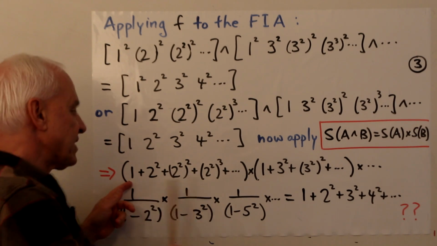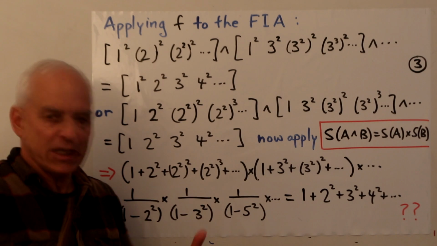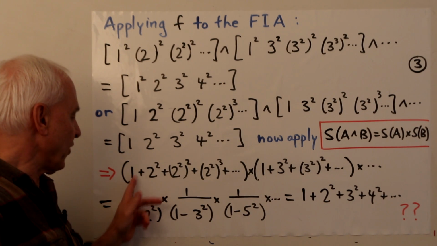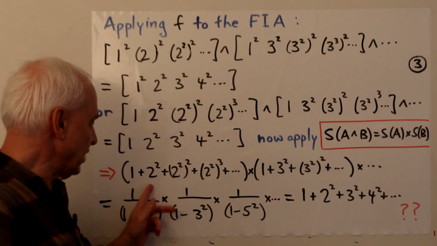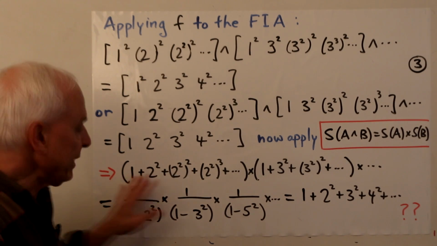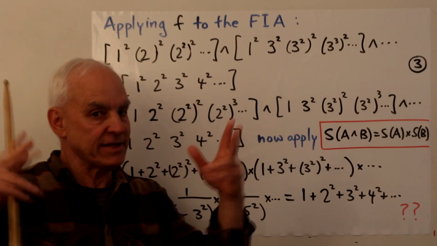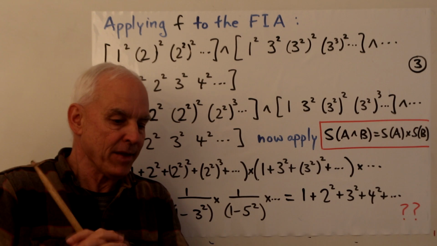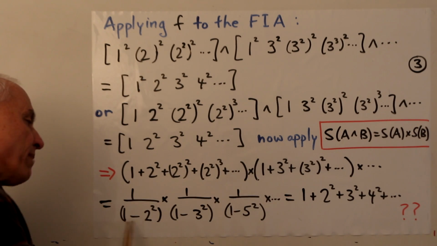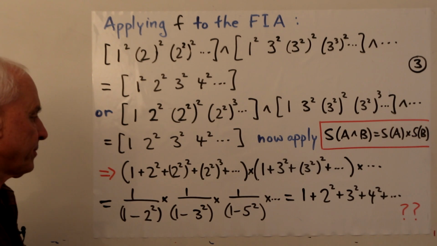Now, this sum here is like a geometric series, okay? It starts with 1, and the common ratio is just 2 squared. At each stage, we're just multiplying by 2 squared. So if we liberally apply the standard formula for the sum of an unbounded geometric series, it's 1 over 1 minus this common ratio, 2 squared.